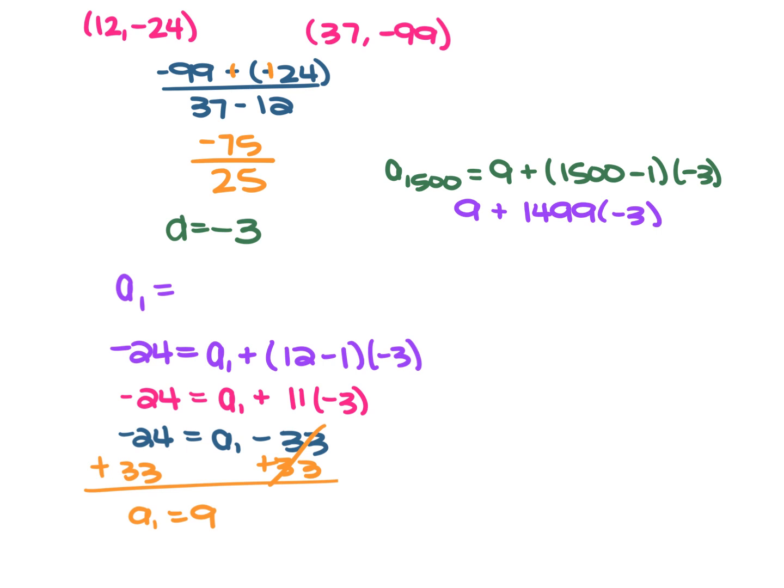The 1,499 times negative 3 gives us 9 plus negative 4,497. So then if we add the 9 to that number, we are left with a 1,500th term of negative 4,488.